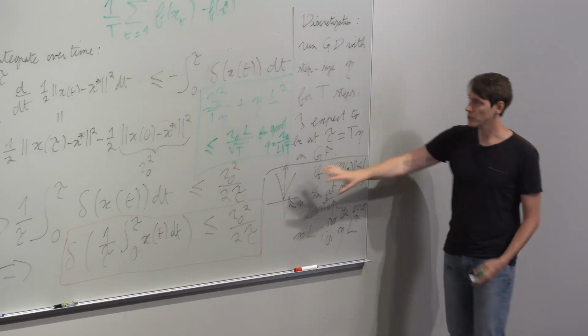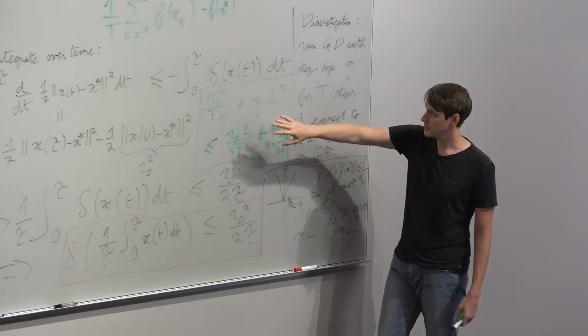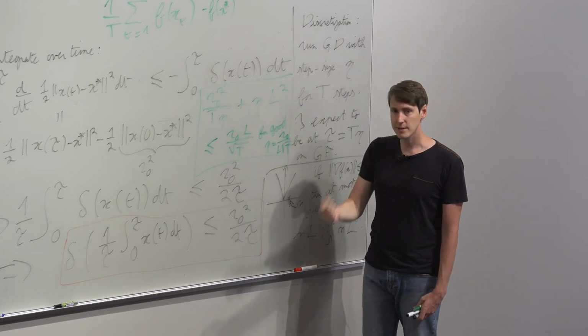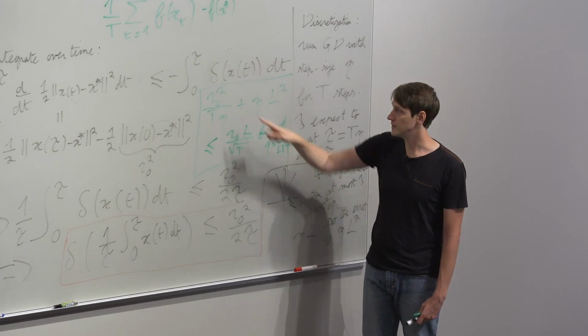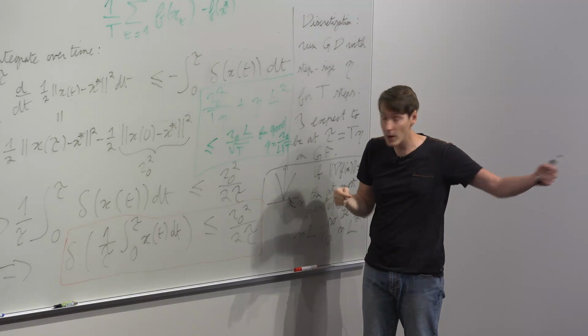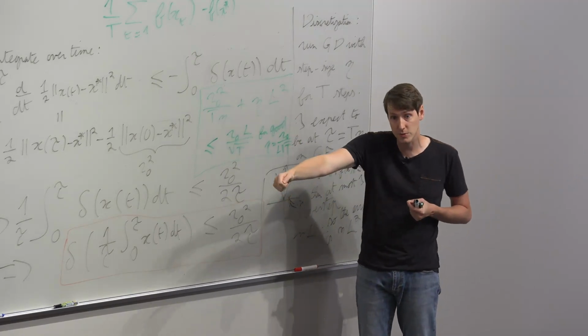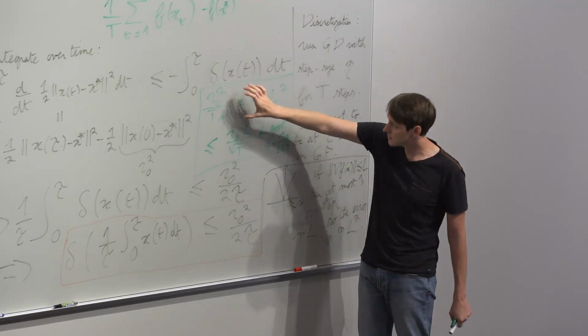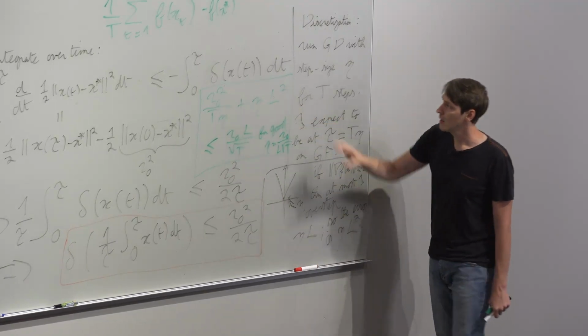Let me give one more sentence about the interpretation of those quantities. You can think about this as the rate at which you forget your initial condition. This is where the R0 comes in. You started far away, and it's going to take some time, even if you did the gradient flow, to forget that you started from a bad point. What is this other term?